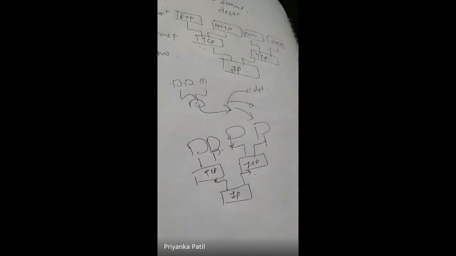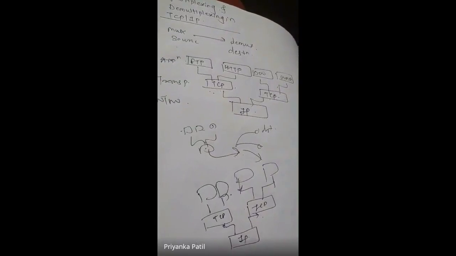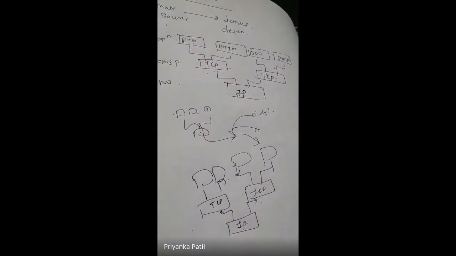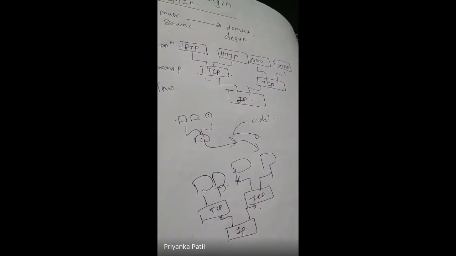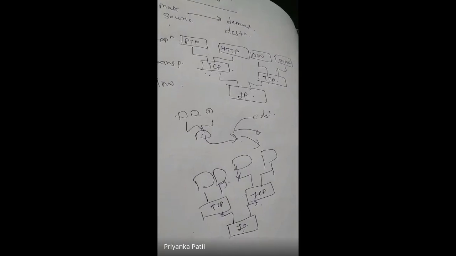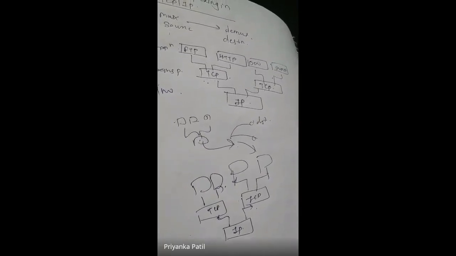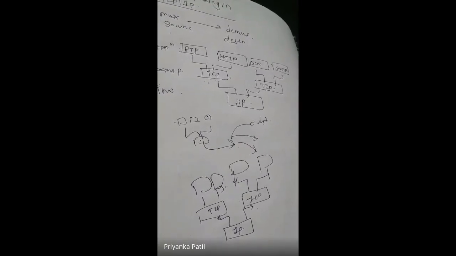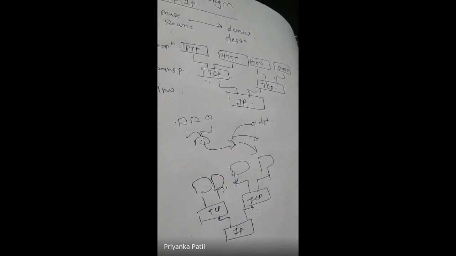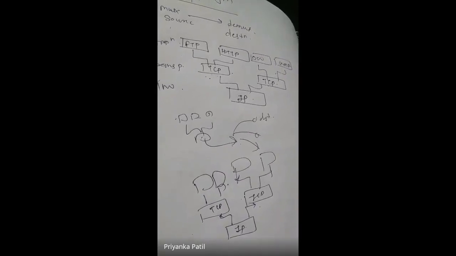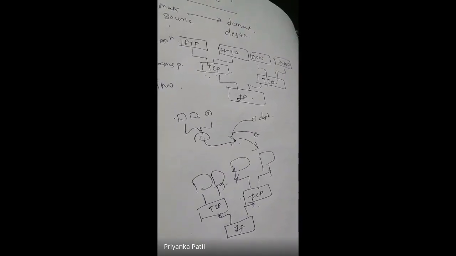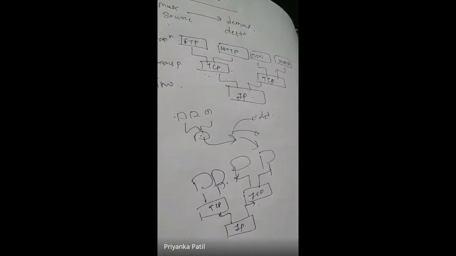Basically, the difference between multiplexing and demultiplexing is that the multiplexer is a combinational circuit that provides a single output but accepts multiple data inputs. But in demultiplexing, it is a combinational circuit that takes a single input and can dedicate it to multiple output lines.